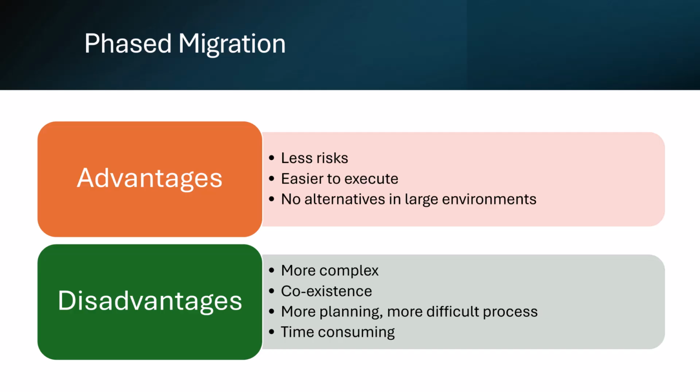And especially if we have really, really large environments with a lot of users and also a lot of data, it's sometimes impossible to move that amount of data and that amount of users in one single phase. So thereby we often see that a phased migration is basically the only option we have.